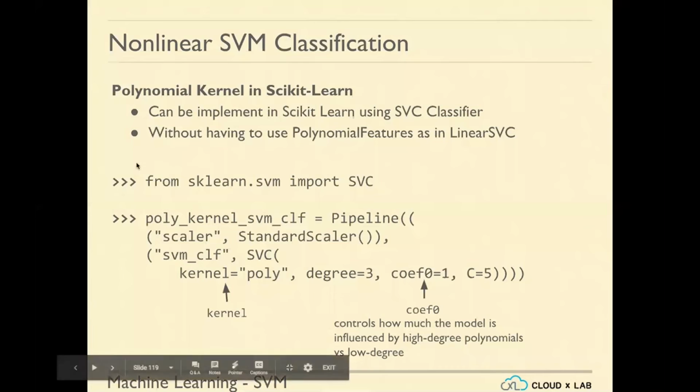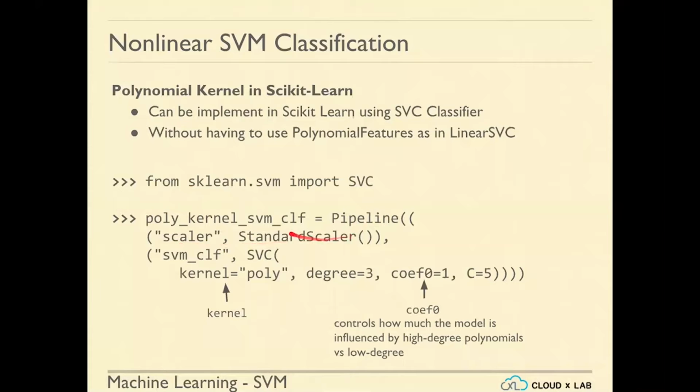A simple example: we are using a pipeline, and there is a standard scaler. This is the normal thing, and afterwards, instead of using the linear SVC, we are saying SVC. And upfront, we are telling that the kernel is polynomial, and this is the degree, and this is the coefficient.